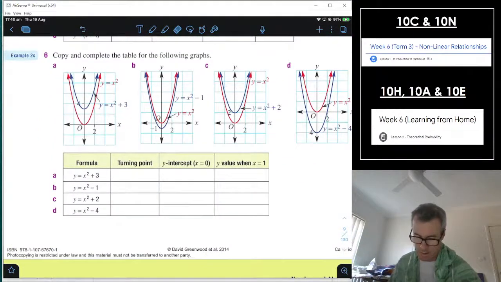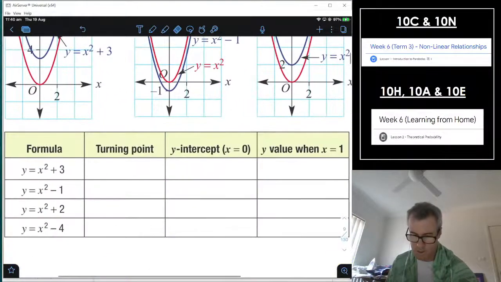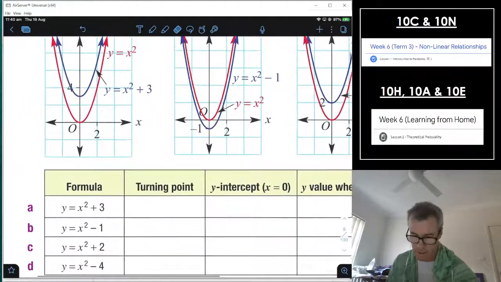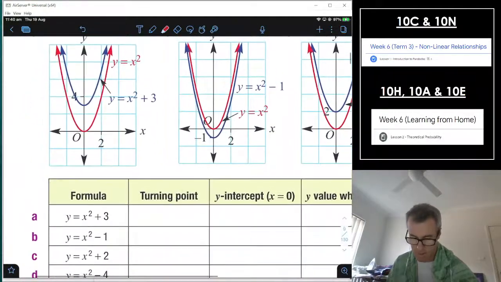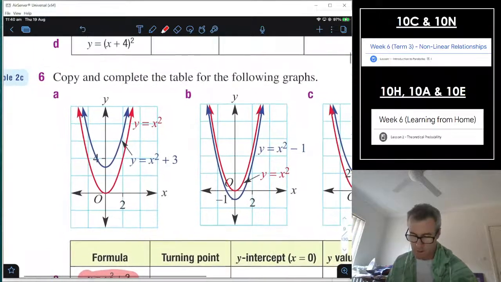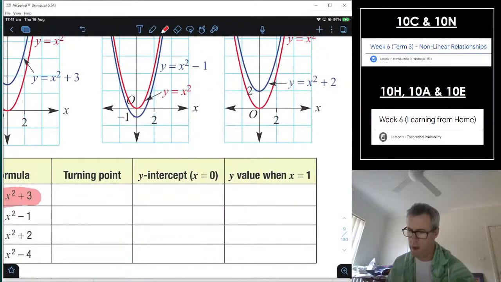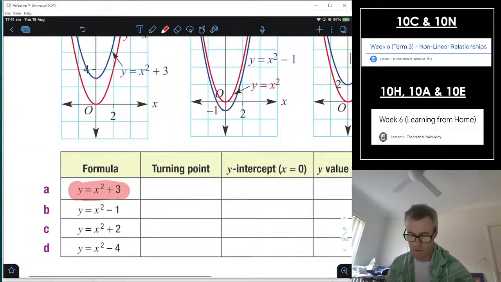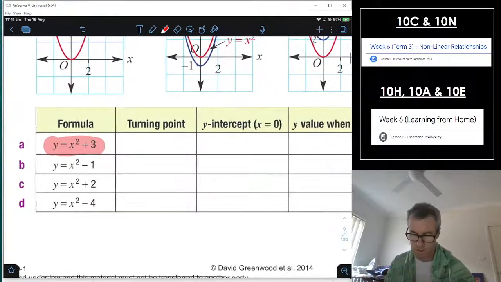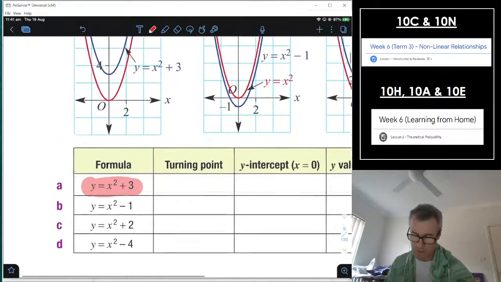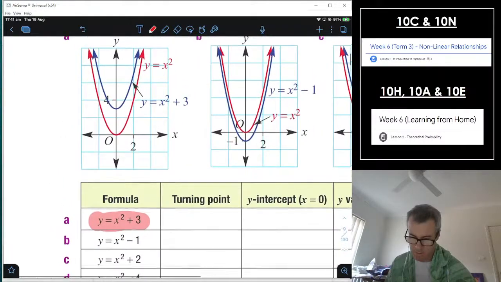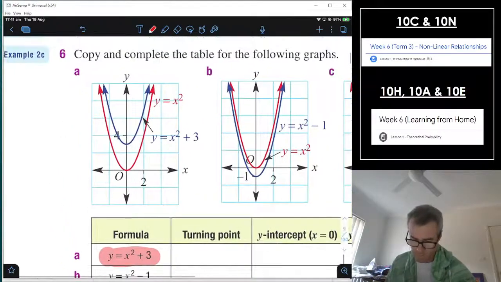Same deal down here. Again, turning point. It's asking us for each of these values. So using this formula as your baseline, identify the turning point, the y-intercept, and the y value when x is equal to 1. The turning point for this formula is right in here.